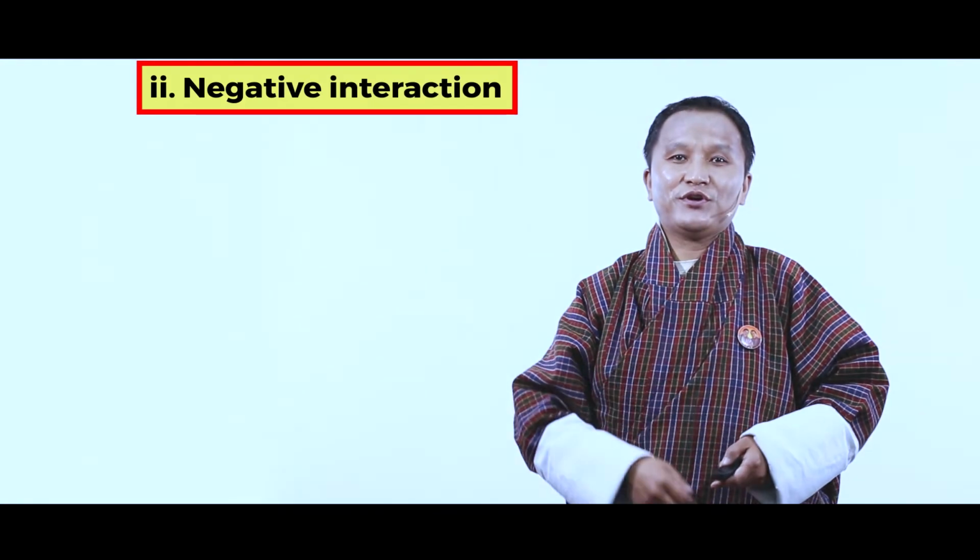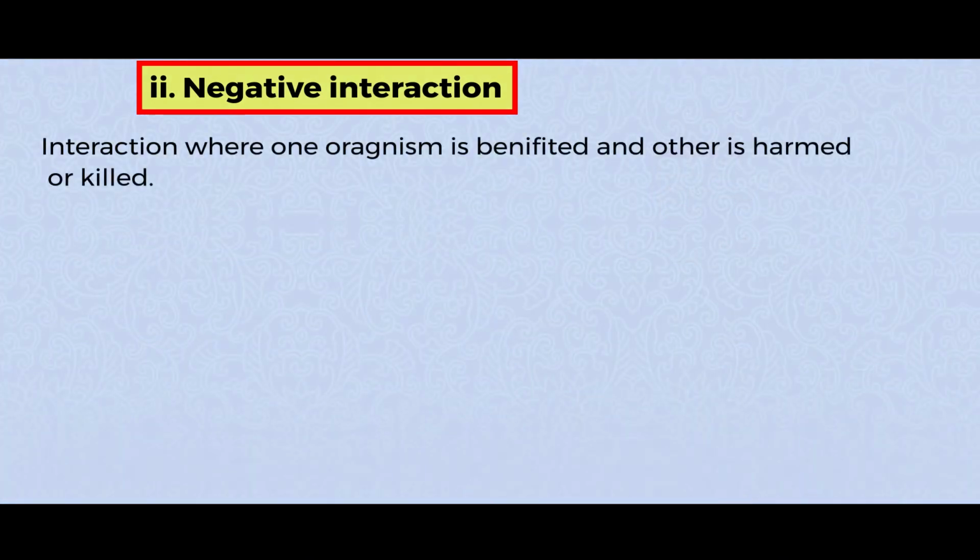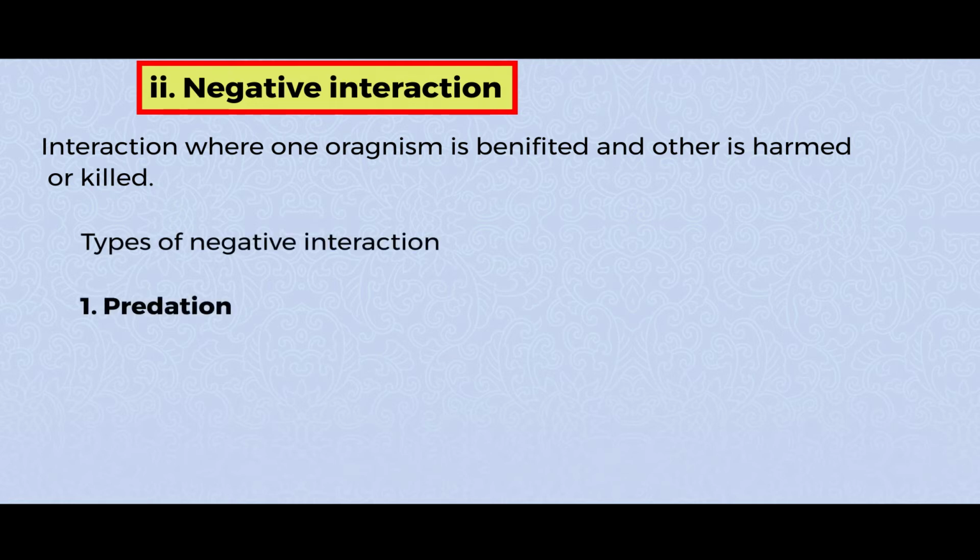Now what are we left with? The negative relationship. The negative relationship is a kind of relationship shared between organisms in which one is benefited and the other one is harmed or killed. There are three types. One we call predation, the other one we call parasitism, and the third we call competition.